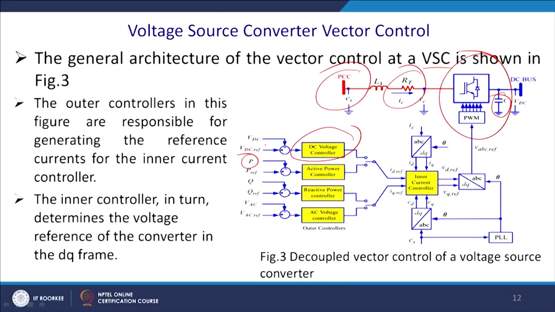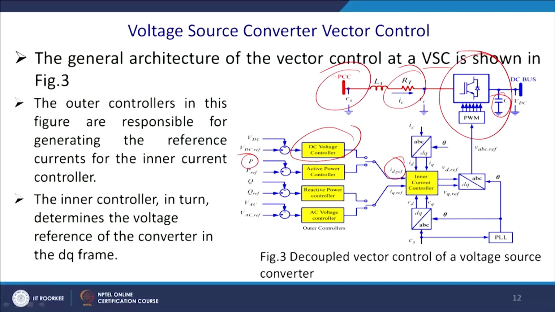Generally, you calculate this power reference and compare it, and accordingly you generate a signal which will be fed to the PI controller, and these two controller currents will add up, since this will be a DC quantity in a rotating frame, and thus you get the ID reference.